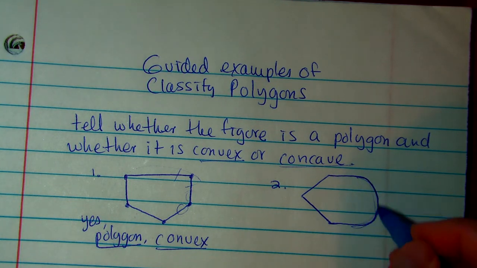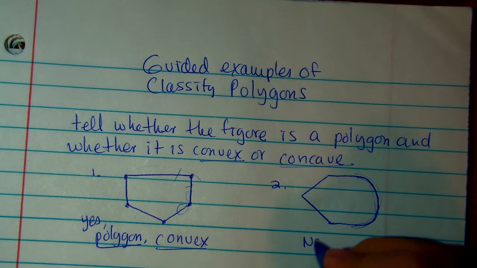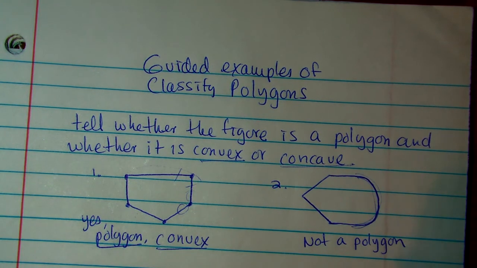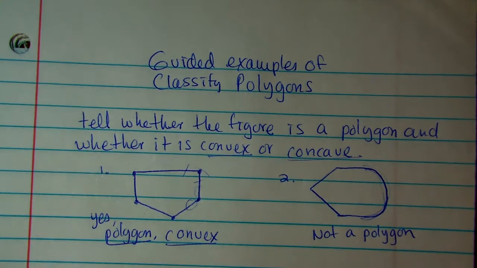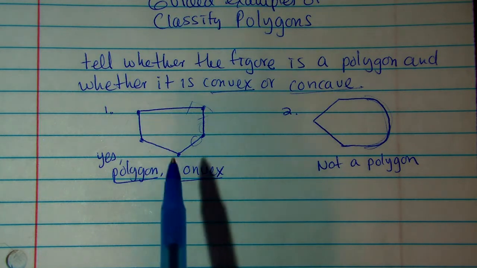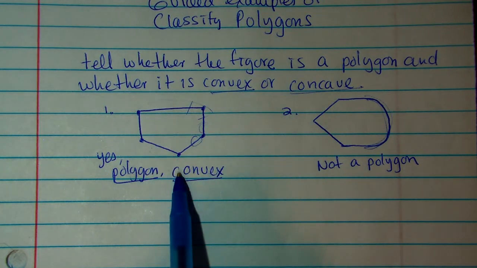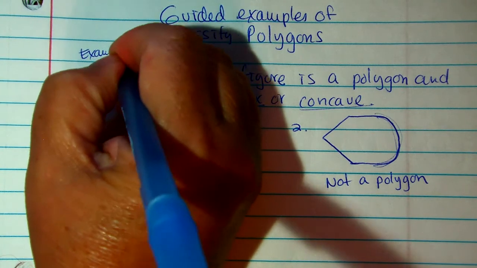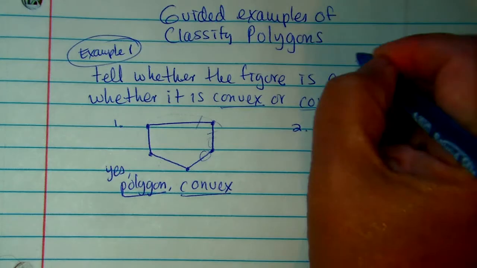It's a curve. So because of this, this is not a line segment. This is not a polygon. That is example number one, the checkpoint.